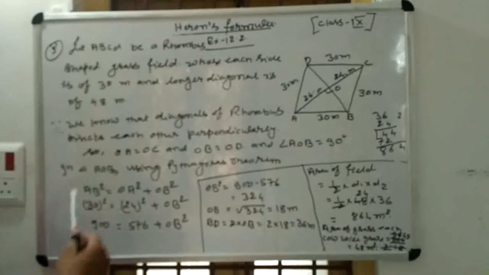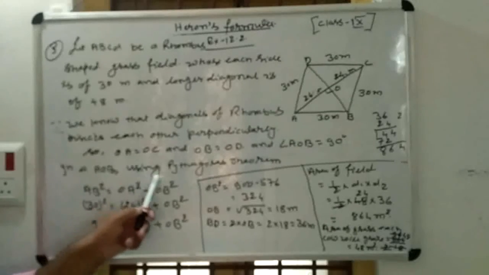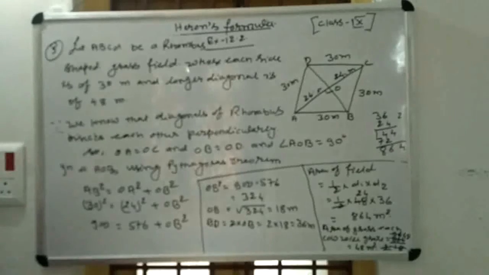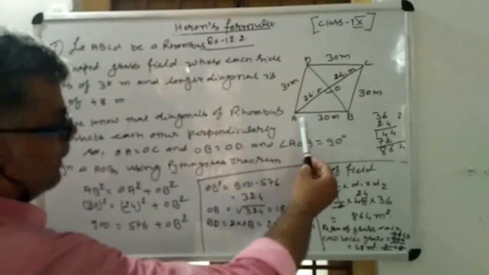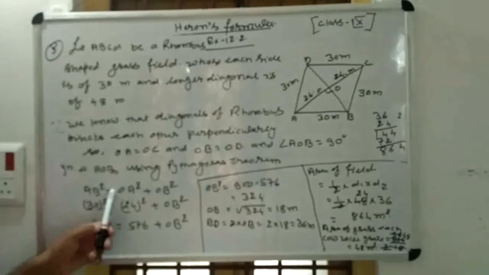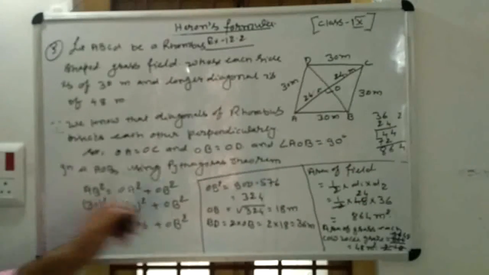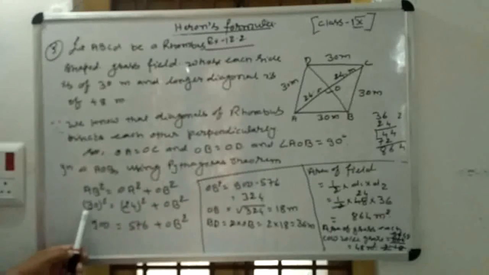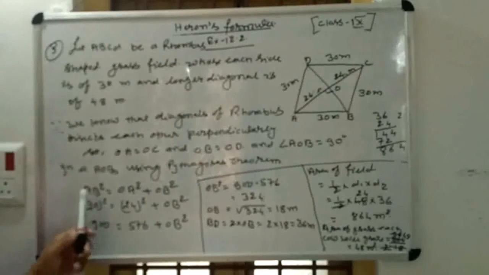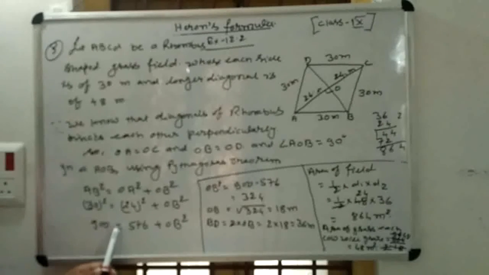Now, in triangle AOB, we apply the Pythagoras theorem. Here the hypotenuse is AB, this is the perpendicular and this is the base. So AB square equals OA square plus OB square. AB was given 30 meter, so 30 square is 900 equals 24 square is 576 plus OB square.